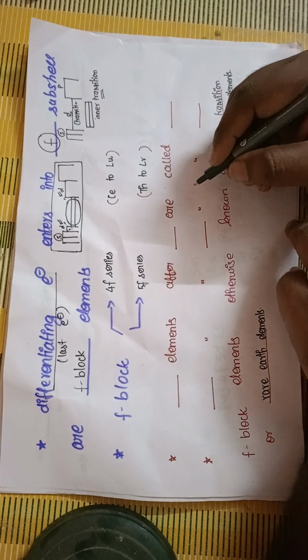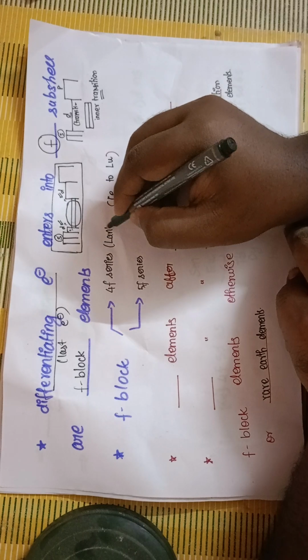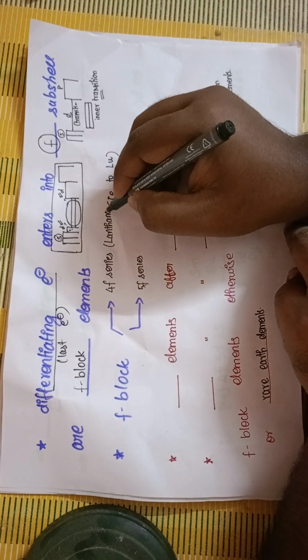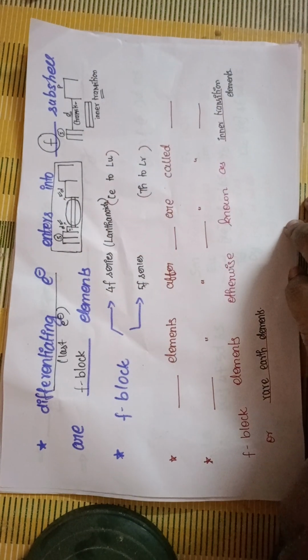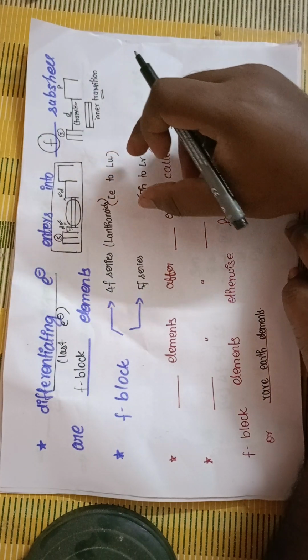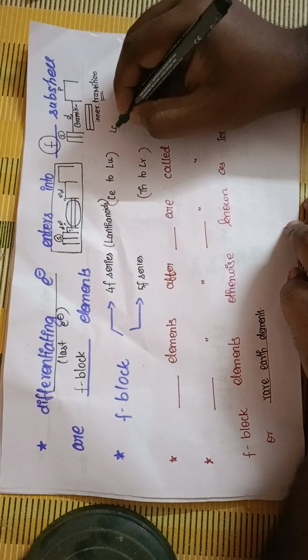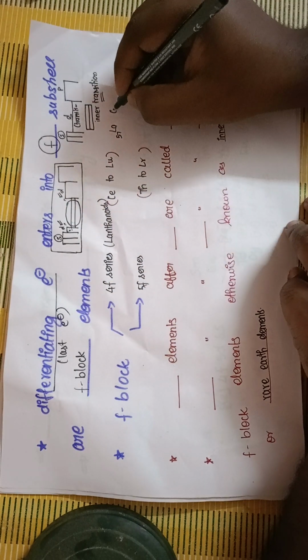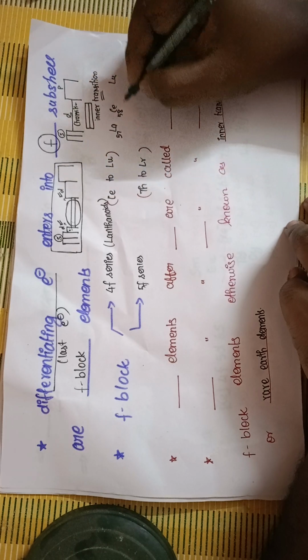Now you might get a doubt: sir, the 4f series is otherwise known as lanthanides, so usually it should start from lanthanum, no? But actually speaking, lanthanum is not an f-block element, lanthanum is a d-block element. These 14 elements follow after lanthanum. In the periodic table, lanthanum's atomic number is 57, cerium's atomic number is 58, and lutetium's atomic number is 71.